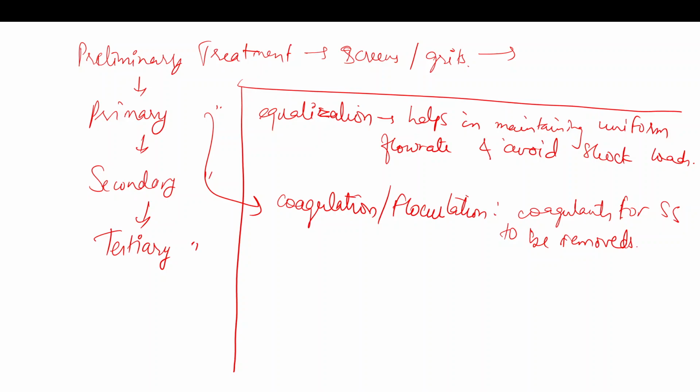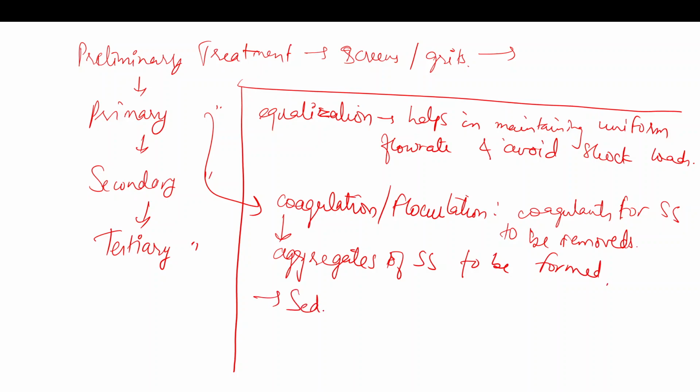So when you add coagulant, you neutralize the surface charge of the particles and allow them to come closer by overcoming the repulsive forces, and once the aggregates are formed they will be able to settle down, right? So this allows the aggregates of suspended solids to form so that settling can happen.